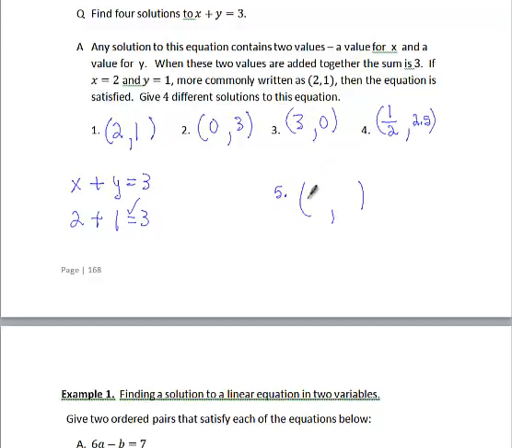Let's say if I pick negative 2 for x, then I'd have to pick 5 for y, because negative 2 plus 5 is 3. So this satisfies the equation. It's a solution. A solution to a linear equation requires two numbers, because there are two variables.